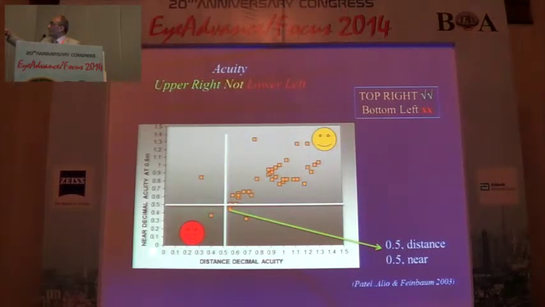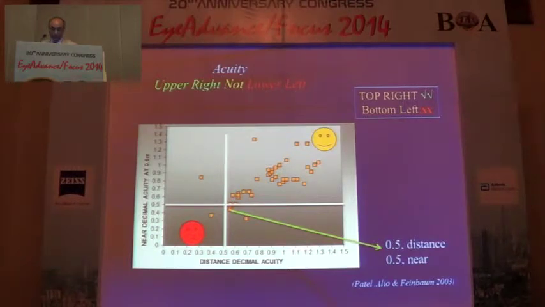But if our data tends to be at the bottom left, then we've got a very, very poor performance. So it's a nice, simple way of showing whether we've got thumbs up or thumbs down, good, bad. Seventh heaven, not so seventh heaven.